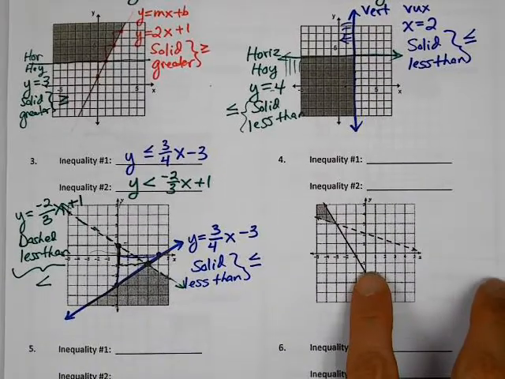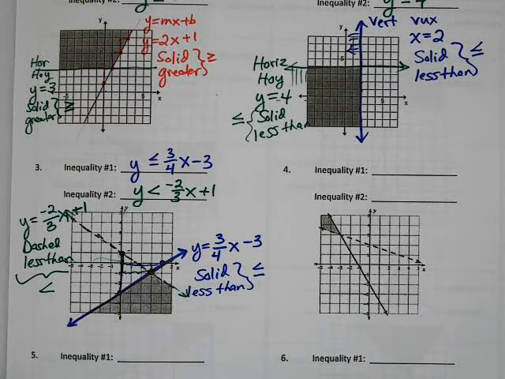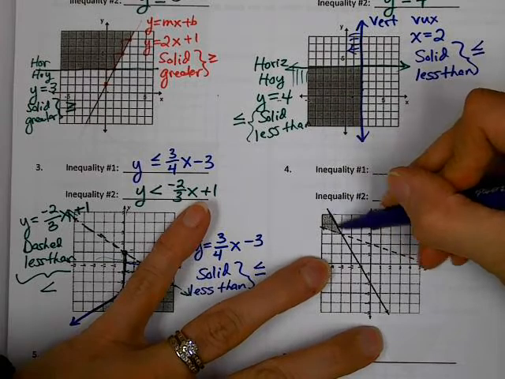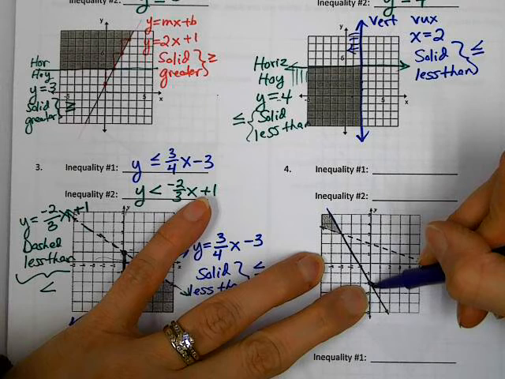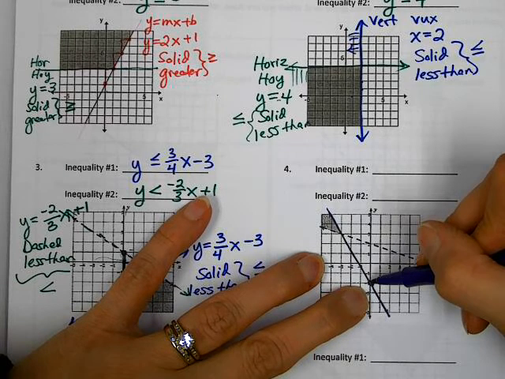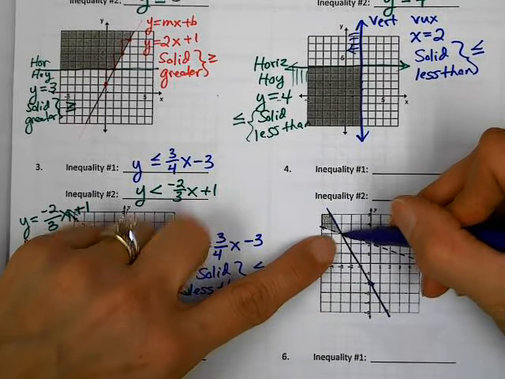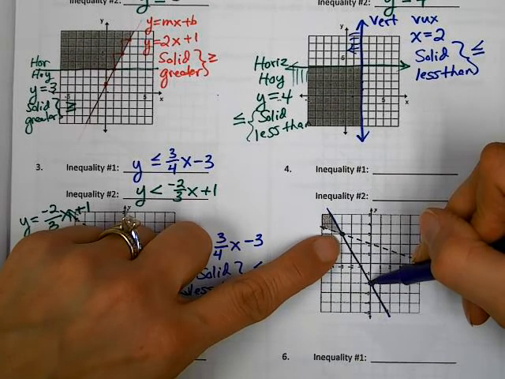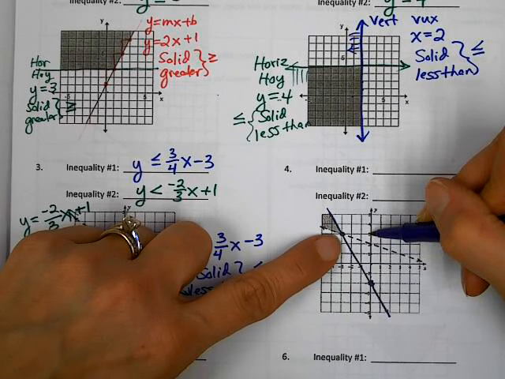Let's keep going. Number 4. I'm going to do the solid one first, just because. Okay, so I've got a solid line right here. The y-intercept is right there at -2. And let's see if we can find another nice point for this one. Let's see, what is this point right here? 1, 2, 3, 4, 5. 1, 2, 3.